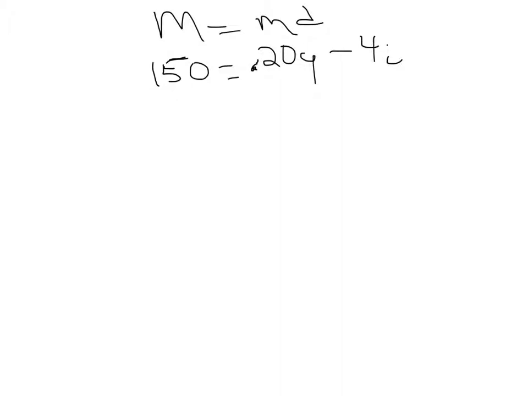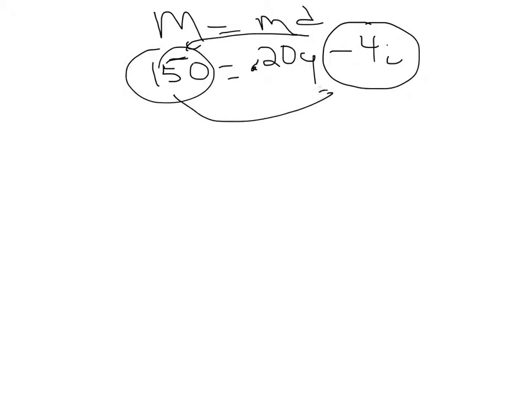Now, I don't like the negative signs where they are, so I'm going to move the minus 4I to the left-hand side, and I'm going to put this 150 over here on the right-hand side. So I'm going to have 4I, because it becomes positive, equals 0.20Y minus 150.